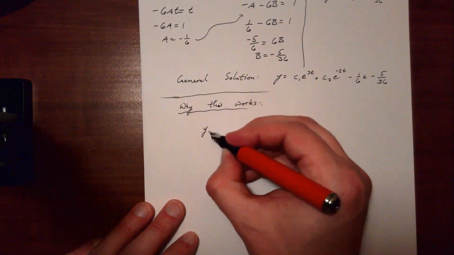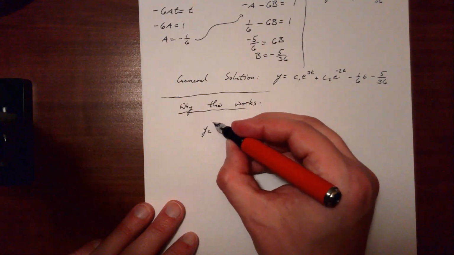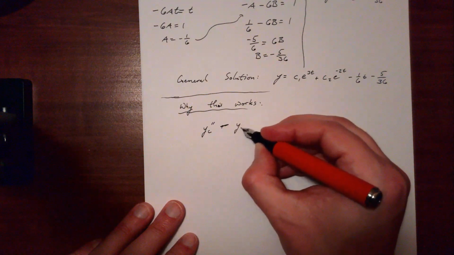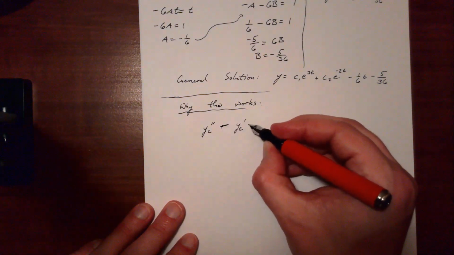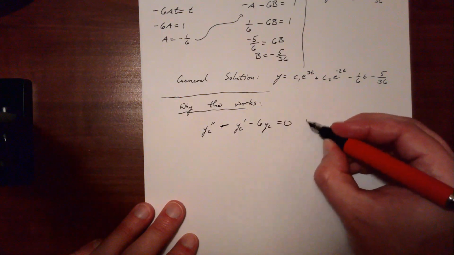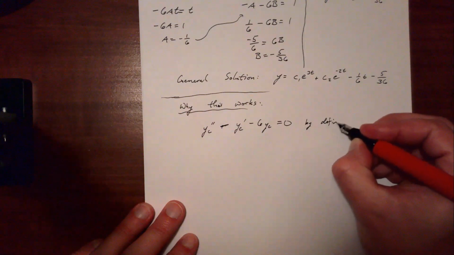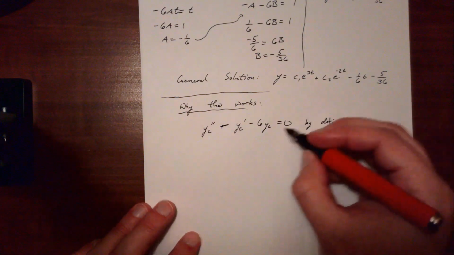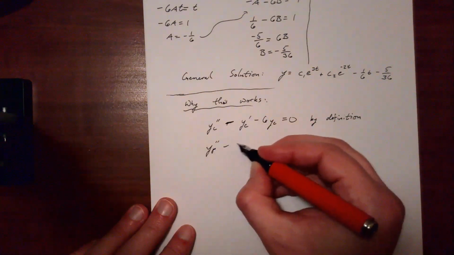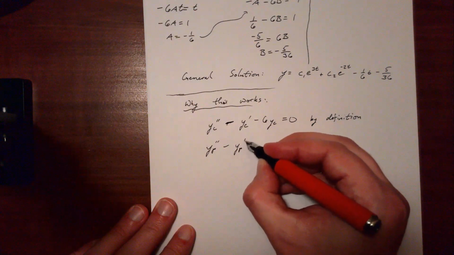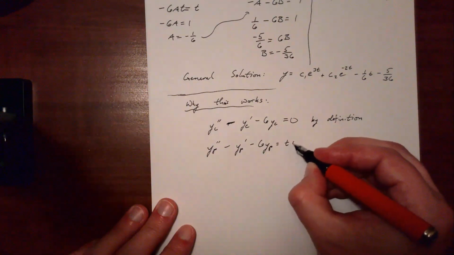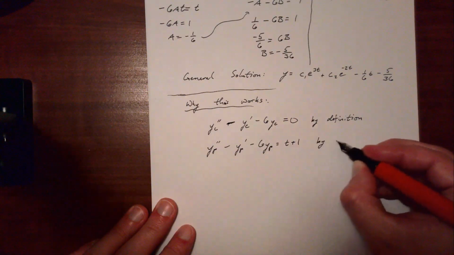So yc double prime minus yc prime minus 6yc is equal to 0 by definition. Yp double prime minus yp prime minus 6yp is equal to t plus 1 by construction.